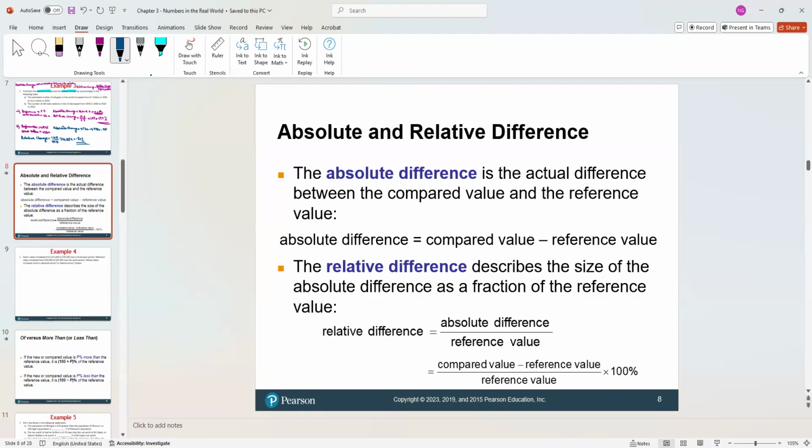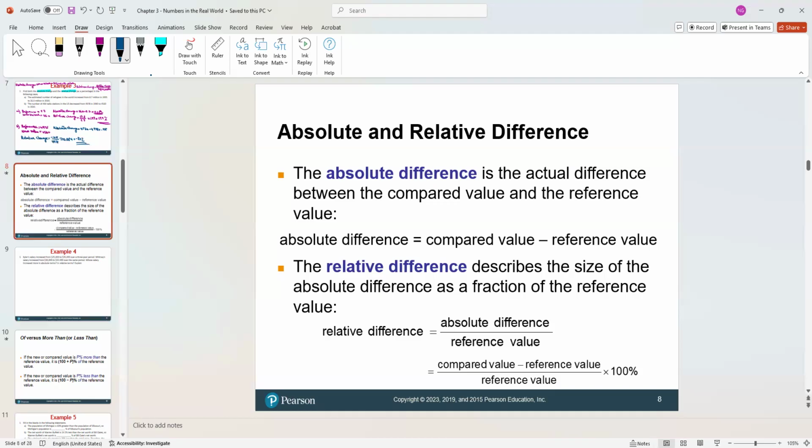We can express this difference as a percentage of the Toyota: 10,000 over 40,000 gives you 25%. So in relative terms, the Mercedes costs 25% more than the Toyota, right?